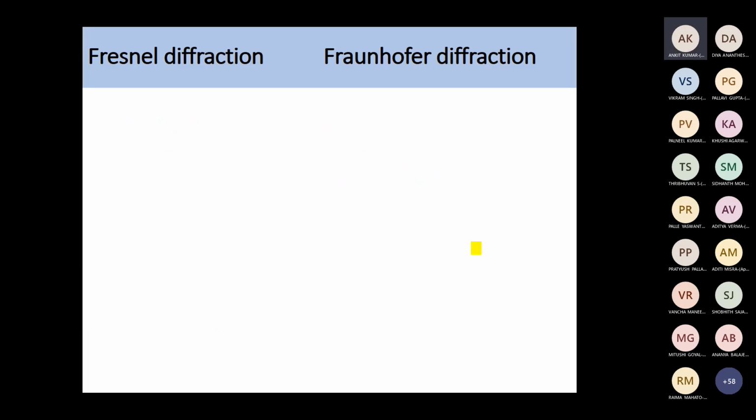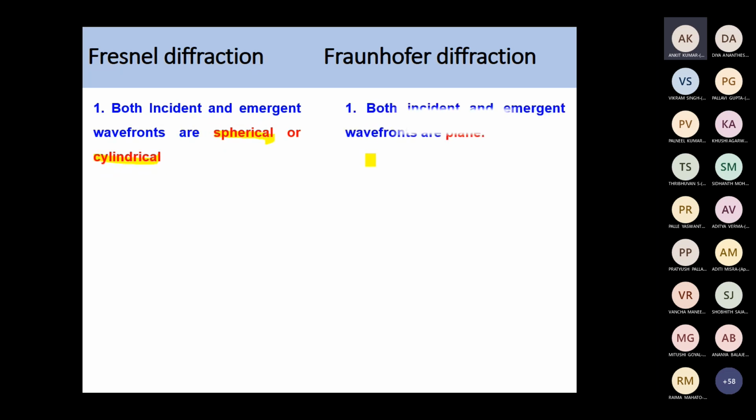Okay, and there are two types of diffraction. One is called Fresnel diffraction. Another one is called Fraunhofer diffraction. In Fresnel, both incident and emergent wavefronts are spherical or cylindrical, whereas in Fraunhofer both incident and emergent wavefronts are plane.